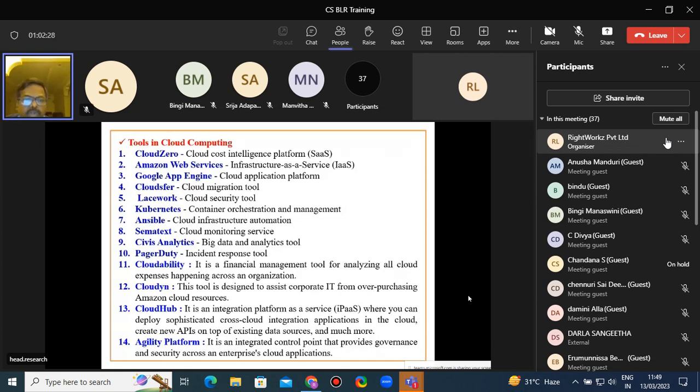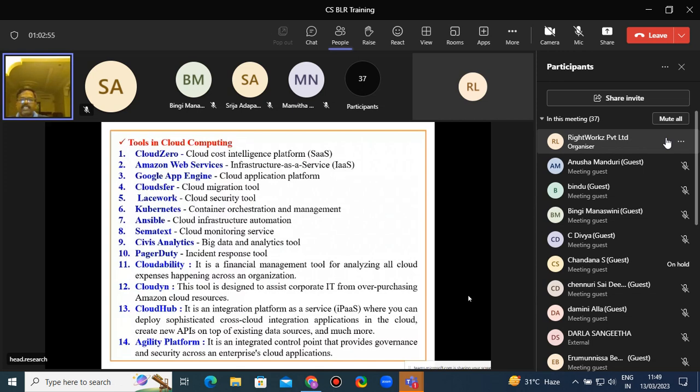clouds for cloud migration, Lacework for cloud security, Kubernetes for container orchestration and management, Ansible for cloud infrastructure automation, Sematext cloud monitoring service, Civis Analytics for big data analytics, Azure Duty incident response tool, CloudAbility.